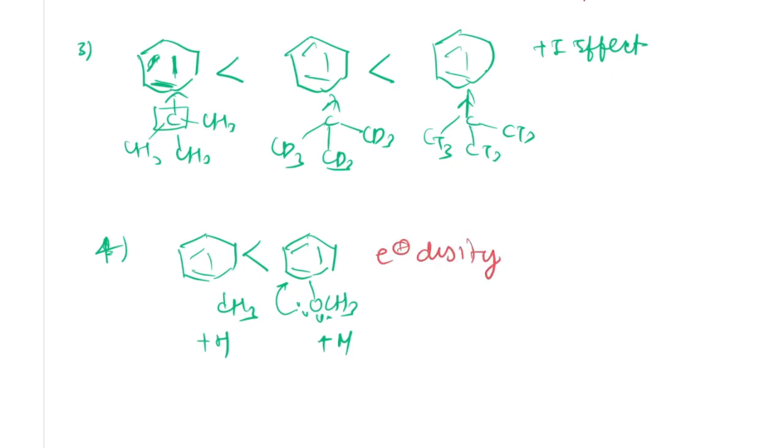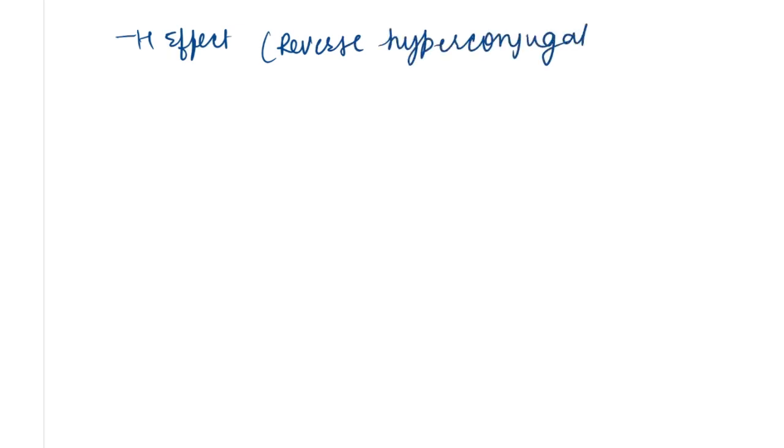Now we talk about the minus H effect, or sometimes it is known as reverse hyperconjugation. So we have CF3, CCl3, CBr3, CI3.